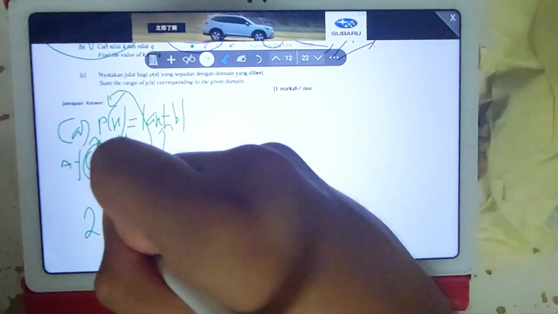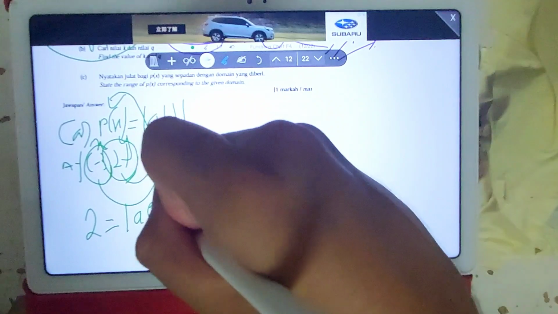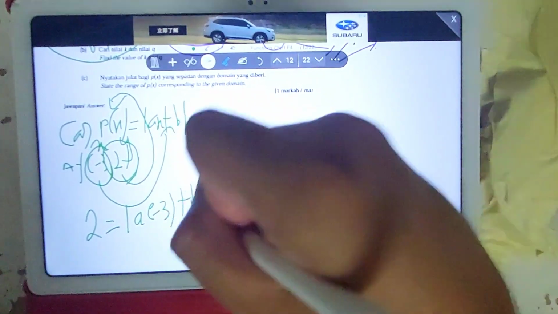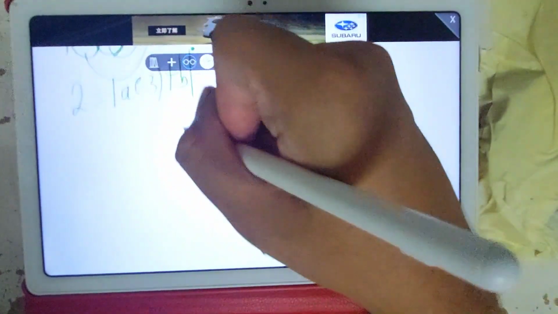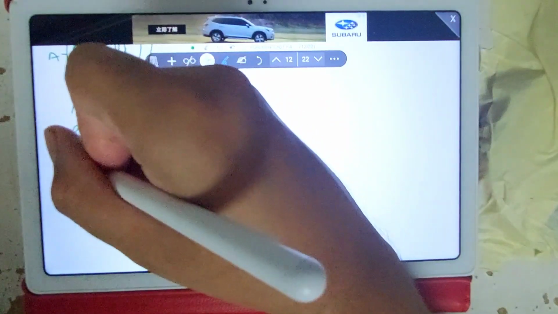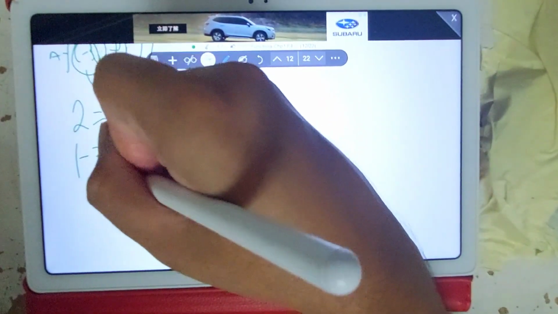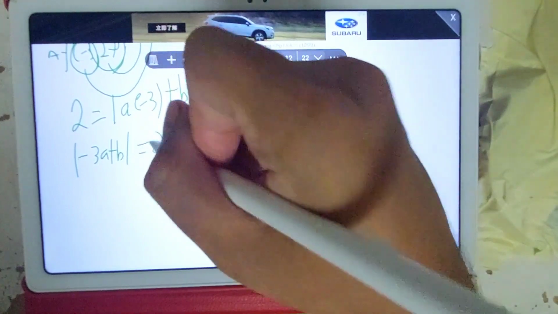So you can conclude 2 is modulus of a times -3 plus b. So you will get modulus -3a plus b is 2.